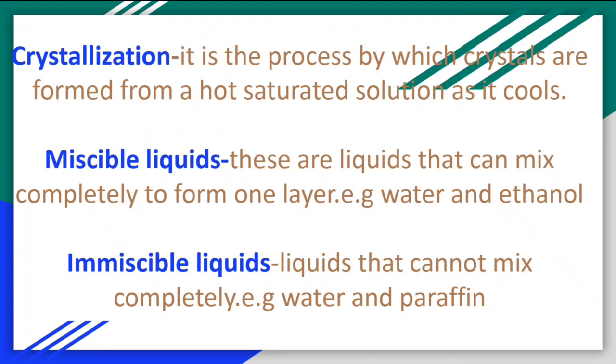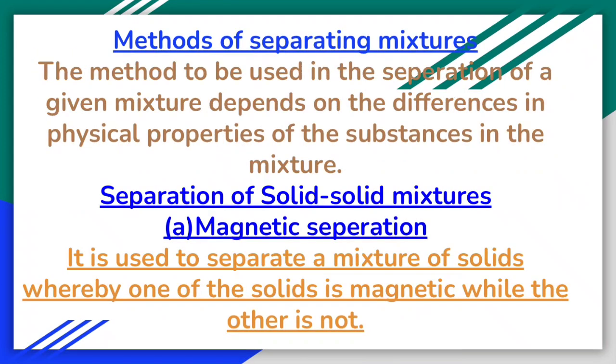These physical properties would include solubility, the density of the substances in that mixture, and the boiling points of the substances in that mixture. Those are some of the considerations which will direct us into choosing the right method of separating given mixtures.